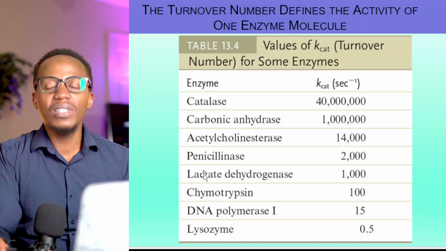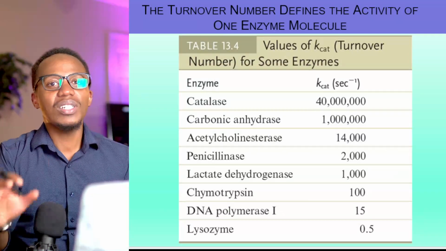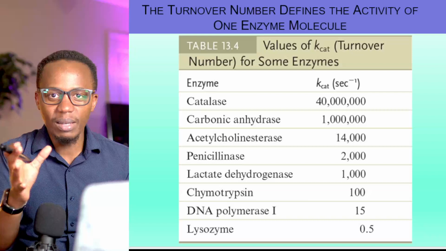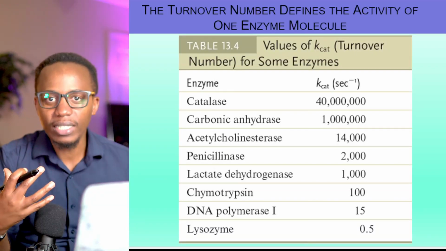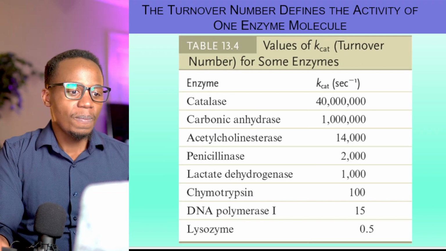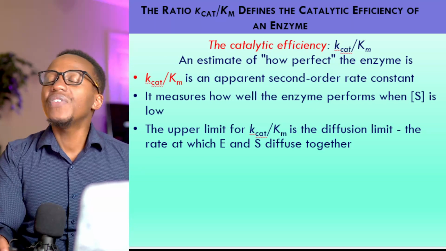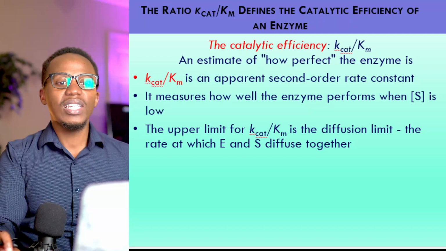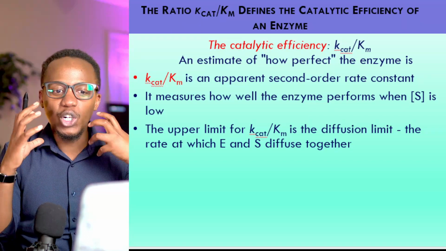So enzymes vary a lot. But it's not just based on how good an enzyme is. It's also based on how complex the reaction is. All right, another one that I want to talk about is called the catalytic efficiency. Catalytic efficiency kind of shows you how perfect an enzyme is, how good it is.